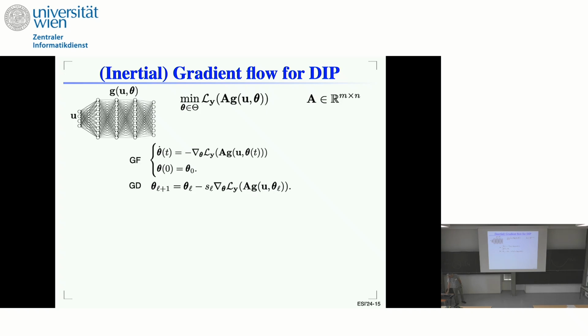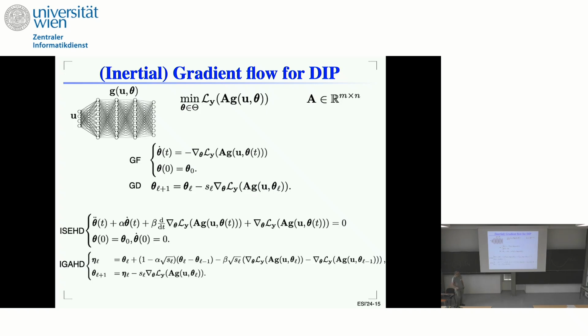For instance, I'm going to study another algorithm, which is an inertial algorithm with some viscous damping that you have here. So this is a sort of inertial, not accelerated, algorithm. I don't have any proof of acceleration in the general case, but I'm going to prove that in these contexts, it is faster. I also have another term here, which is less usual if you compare it, for instance, to the heavy ball method.